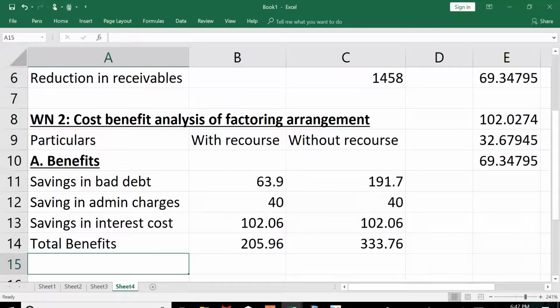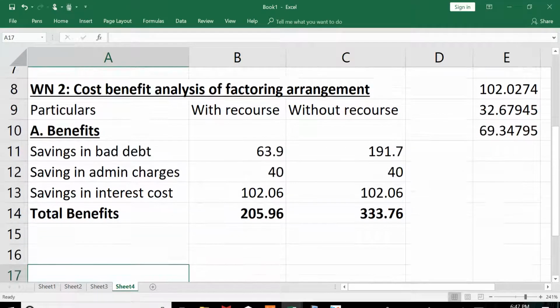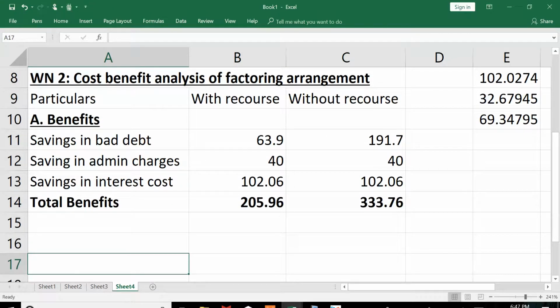Benefits is 205.96 and 333.76. Any doubts on the benefits number?